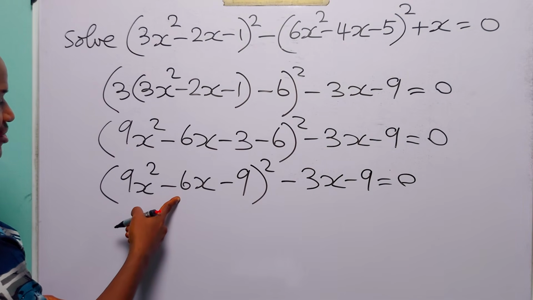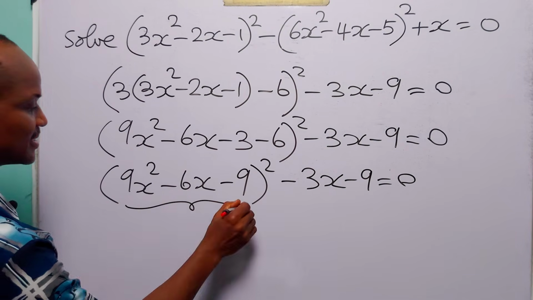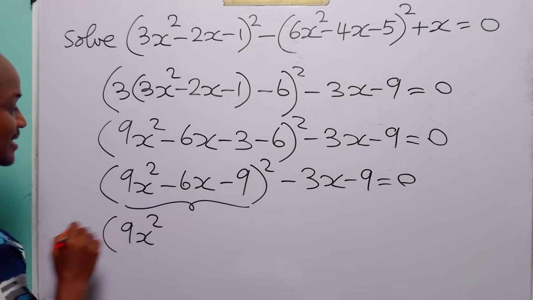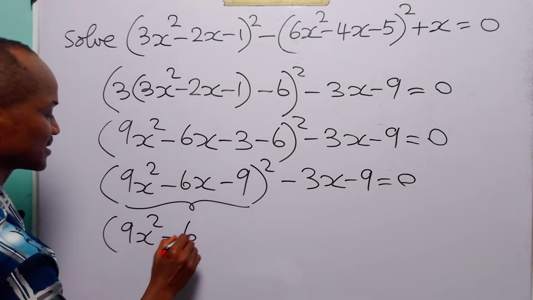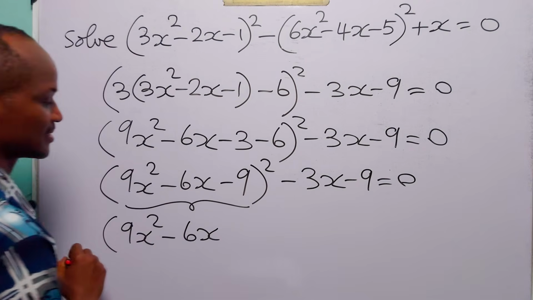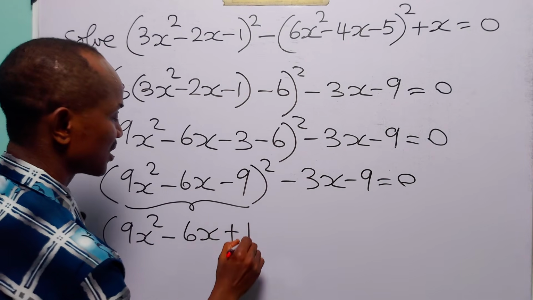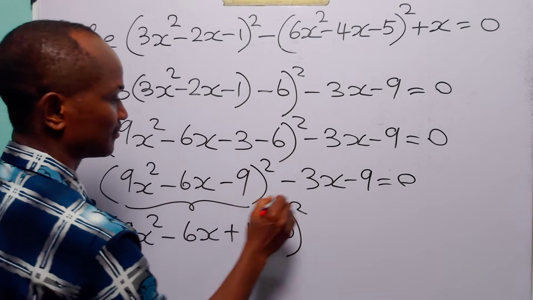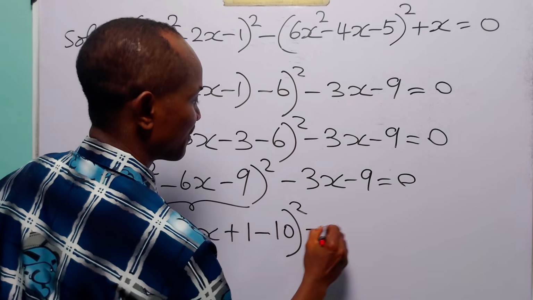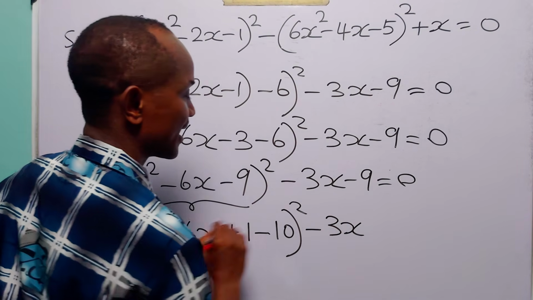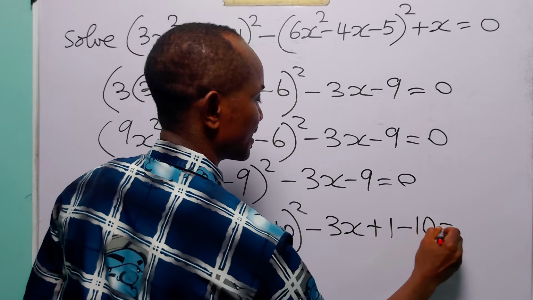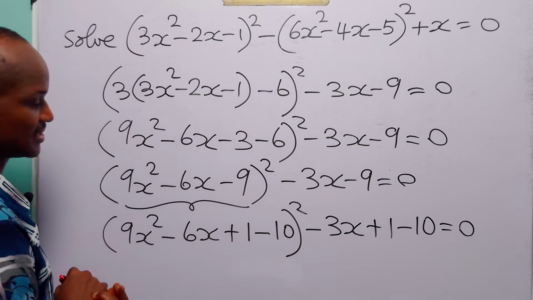Now, once more, let us write this expression as 9x squared minus 6x plus 1 minus 10. And here we have minus 3x plus 1 minus 10, and this is equal to 0.